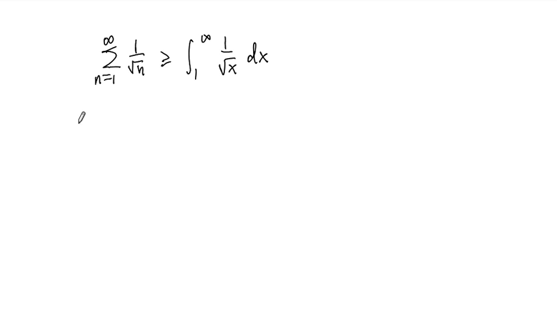So let's do it. As we know, improper integrals have to always be treated properly, right? And so the upper limit of infinity is converted to a limit: limit as t approaches infinity of the integral from 1 to t, and I'm going to rewrite this as x to the negative 1/2 power.